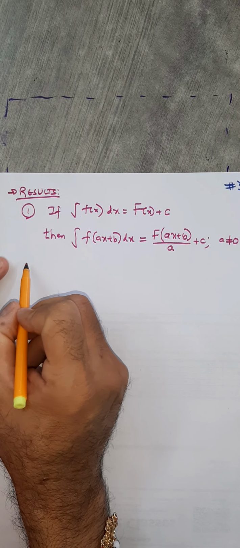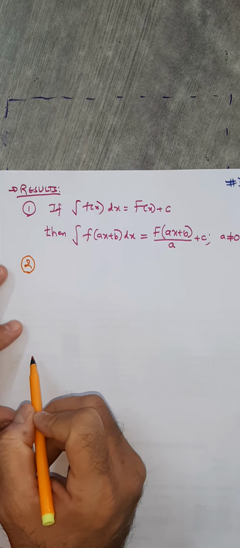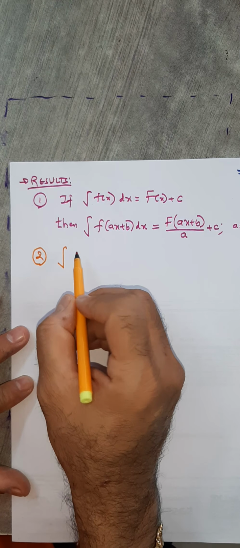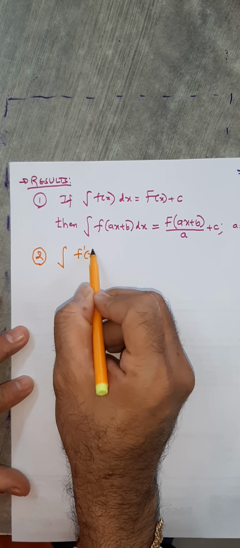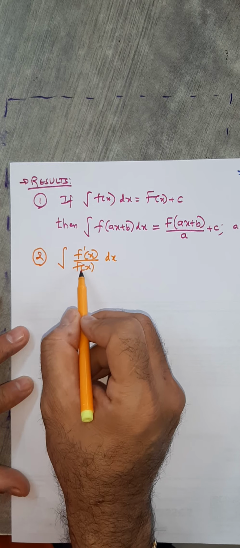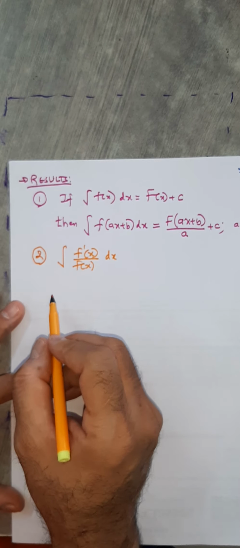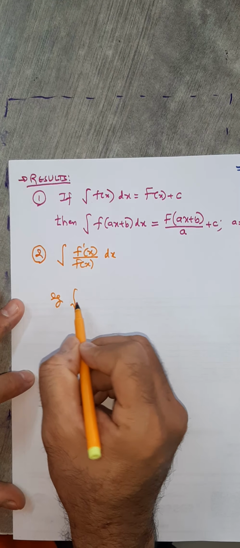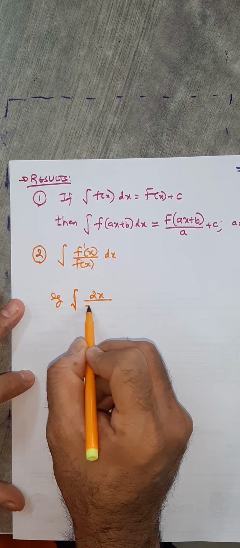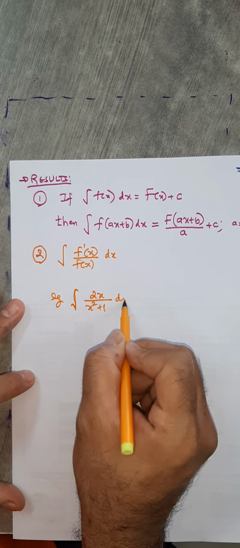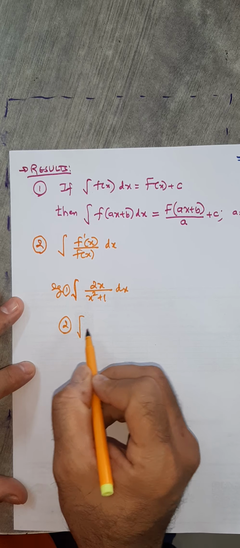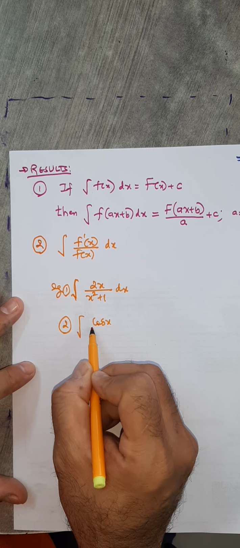That's one thing. Now the second result says that if you have the form f dash x upon f x, which form? Derivative upon the function. Look at this: 2x upon x square plus 1. See this, one is this. One more, let me write this: cos x upon sin x.